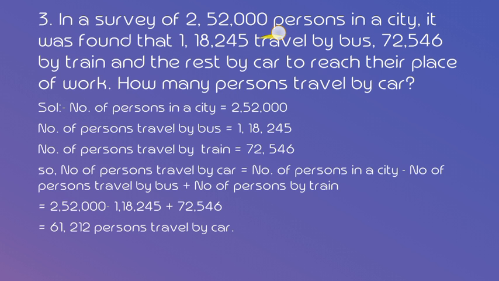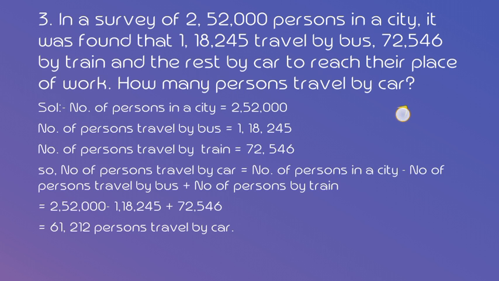Out of that, 1,18,245 traveled by bus, 72,546 by train, and the rest by car to reach their place of work. So how many persons travel by car? Now you have to tell how many persons travel by car.